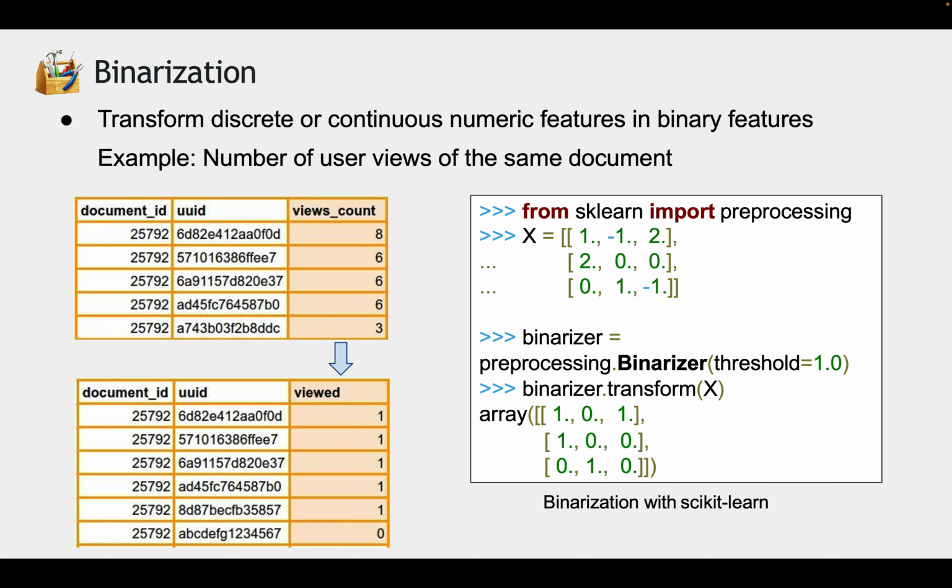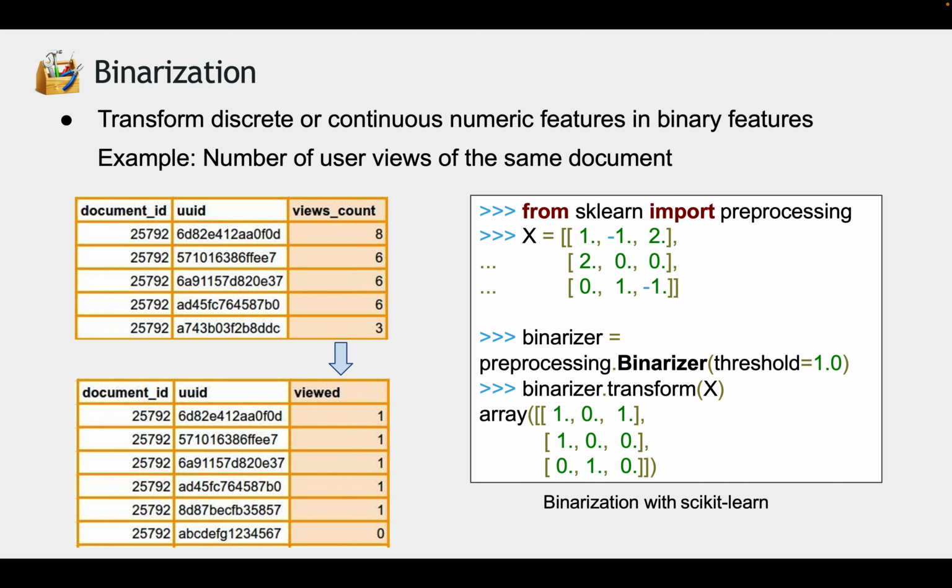Binarization. Okay, so that would basically mean converting something to binary again. Transform discrete or continuous numeric features into binary features. Example, number of user views of the same document. From sklearn import preprocessing.